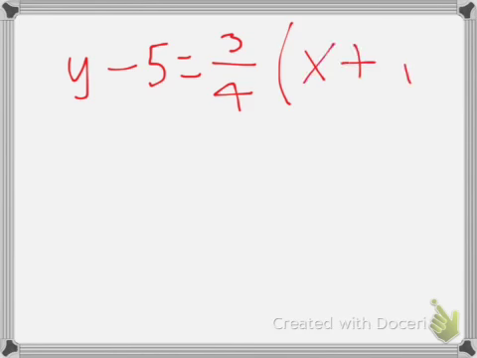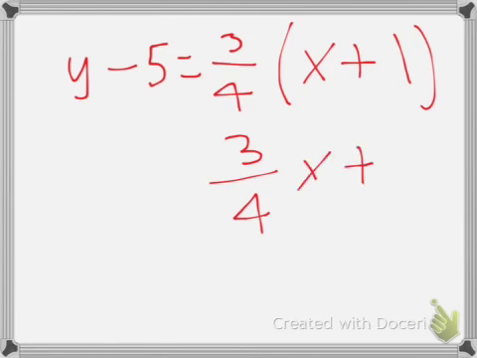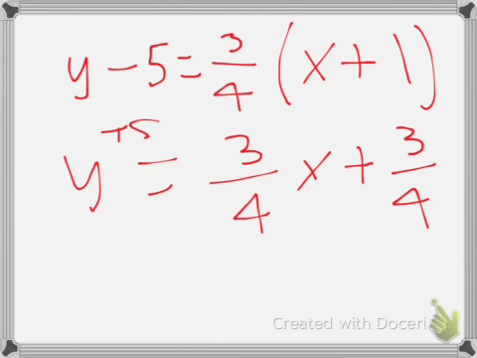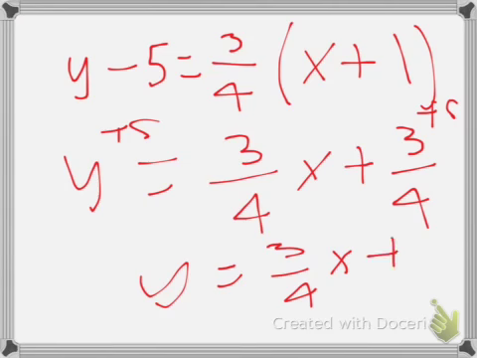I'm just going to do +1. That's basically what that is. And 5 is 20 over 4.